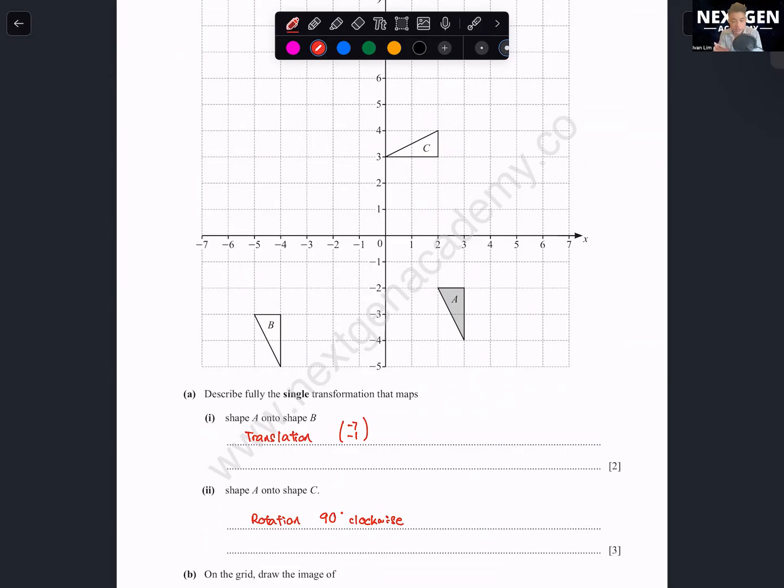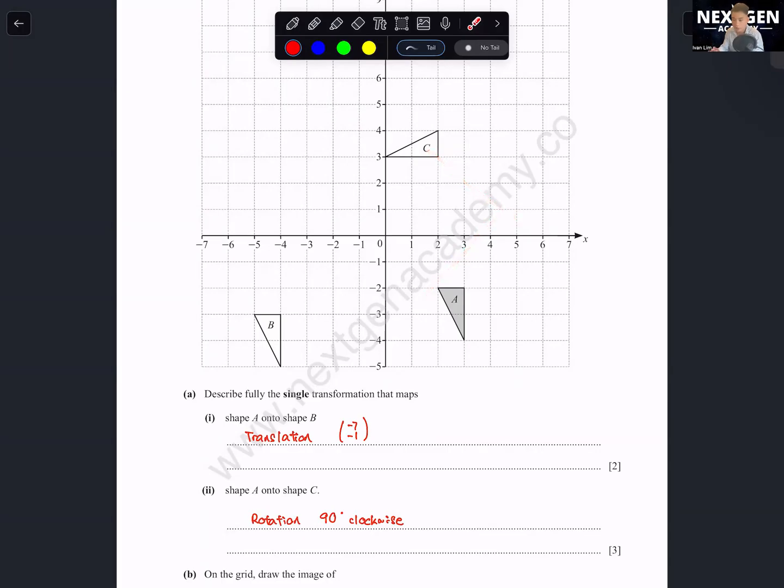As mentioned to you all, you got a few ways to do it. Either you use tracing paper. Over here I cannot use tracing paper because I cannot show to you all, but you will do the shape, then you try to see where's the center.